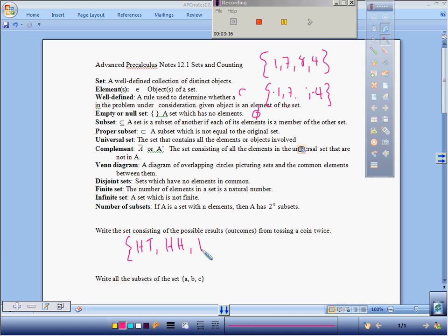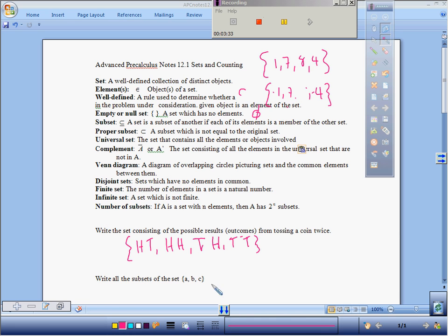You could have tails, heads, or you could have tails, tails. So that's the set of possible outcomes if you toss a coin twice. Are there any others? I don't think so.